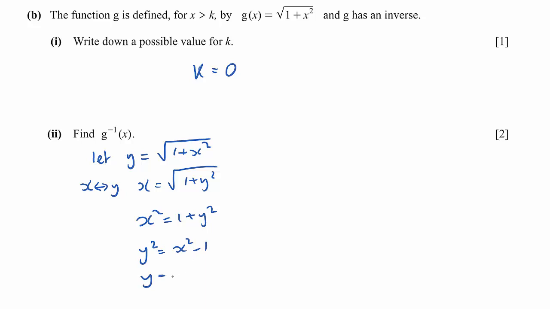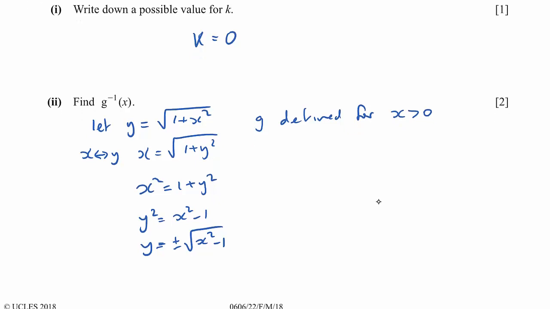So y is going to be plus or minus the square root of x squared minus 1. But since g is defined for x greater than 0, or x greater than k in general, we need to take the positive root. So it's going to be the square root of x squared minus 1.